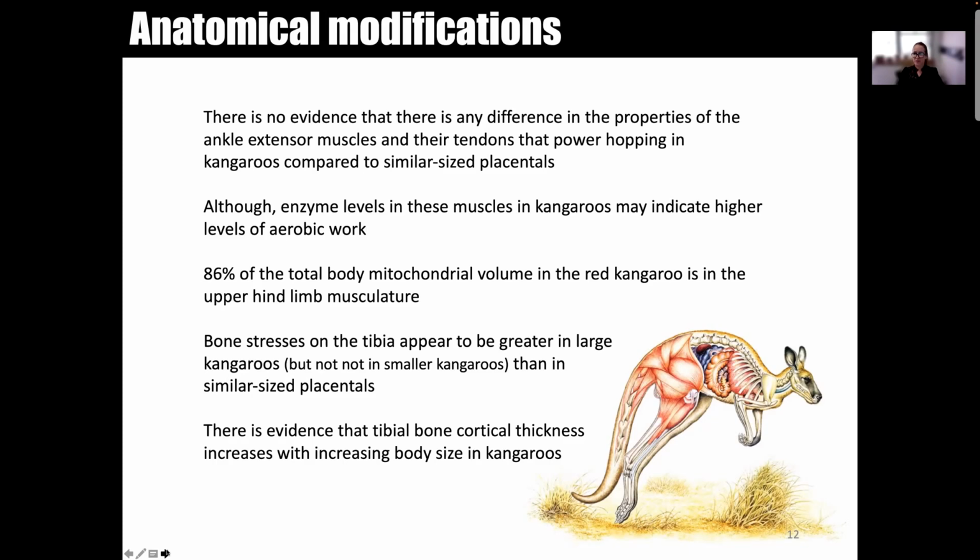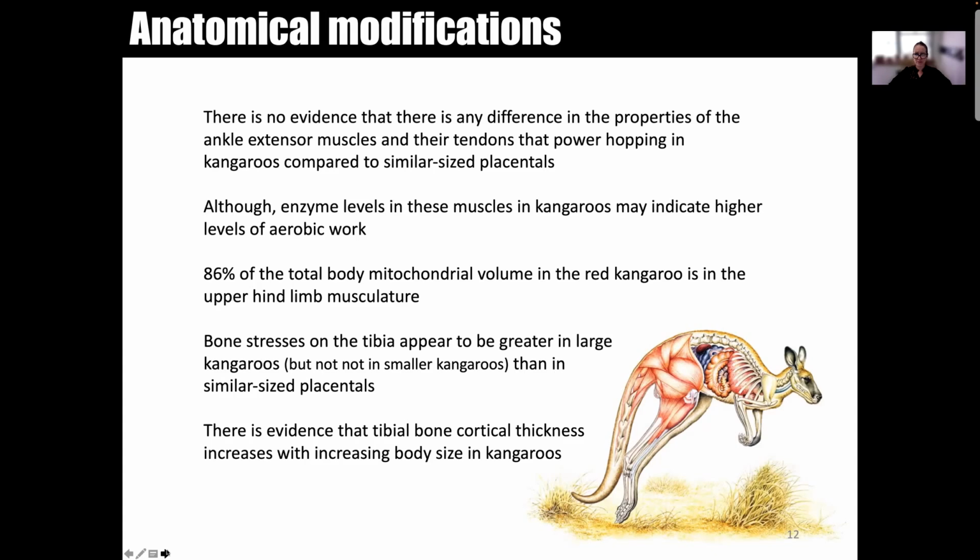So, as you probably know, mitochondria are vital organelles that provide energy for muscle function. And it's been found that 86% of the total body mitochondrial volume in the red kangaroo is actually in the upper hind limb musculature. So that gives you some indication about how they achieve the power for hopping.